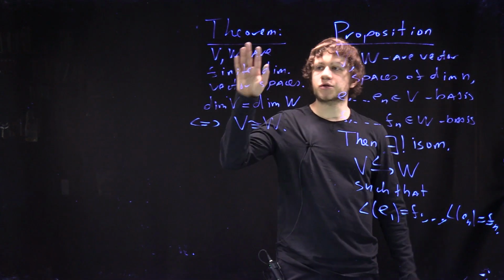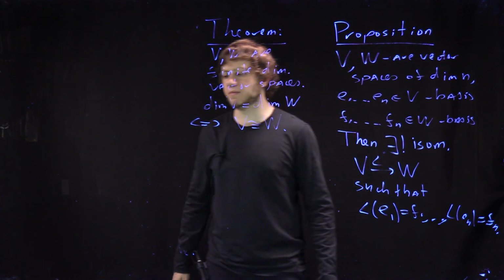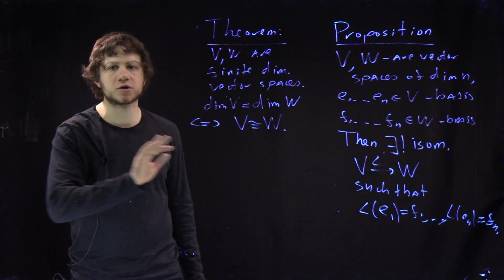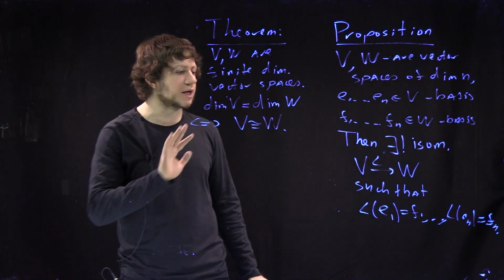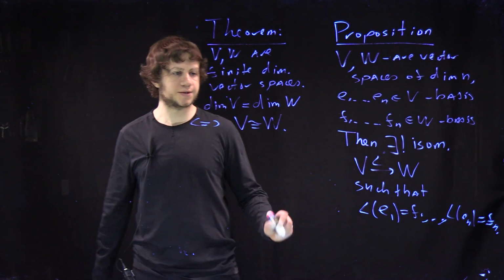And as I said, it's true for arbitrary vector spaces, but we will prove it just for finite dimensional, not to go into all this set theory nonsense we never discussed.